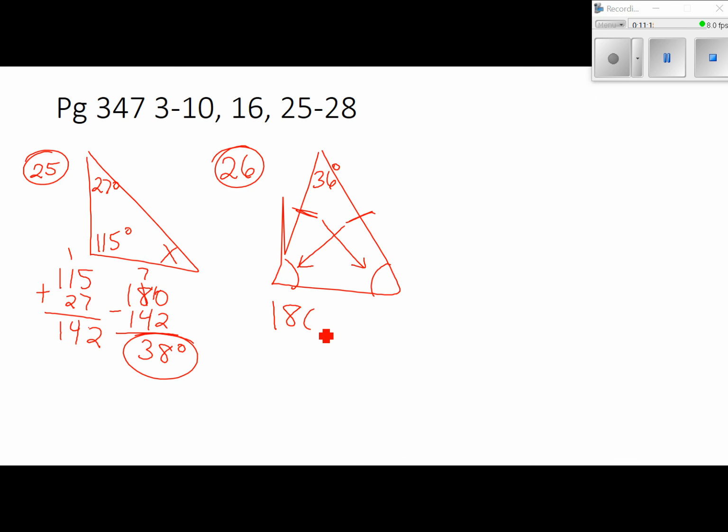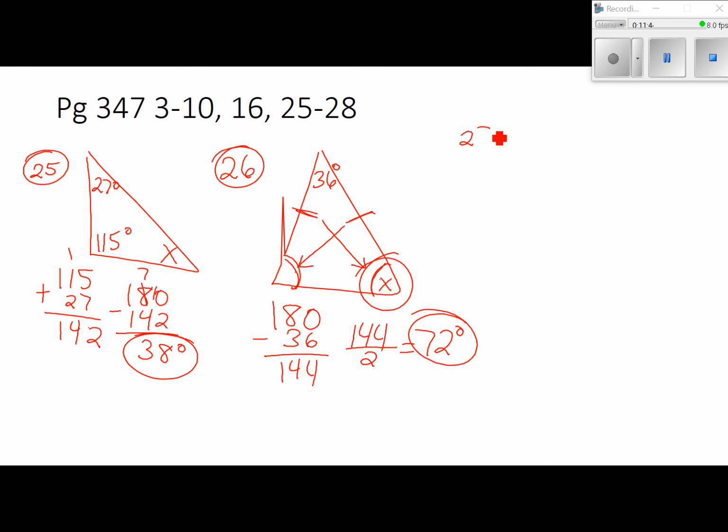The way we can find this angle over here, which they say is X, let's take 180 minus 36, that gives us 144, and we know that these two angles have to be congruent, so we just take 144 and divide by 2, and that gives us 72 degrees. So each of those angles has to be 72 degrees, and all we really care about is that X right there is 72.